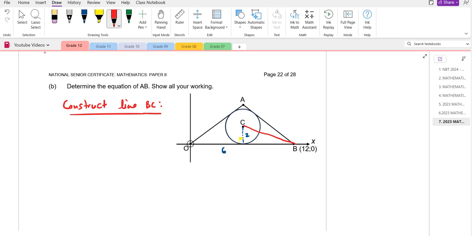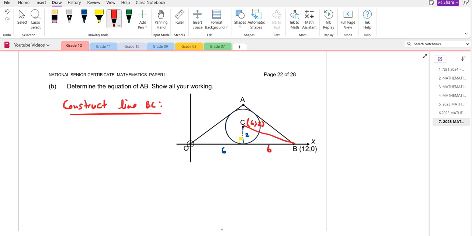This is (6, 2), I've got the coordinates 6 and 2. So if we find the gradient of BC, remember the distance from there to there is 6, and because the radius is perpendicular to the tangent, we know the distance from here to there is also 6.